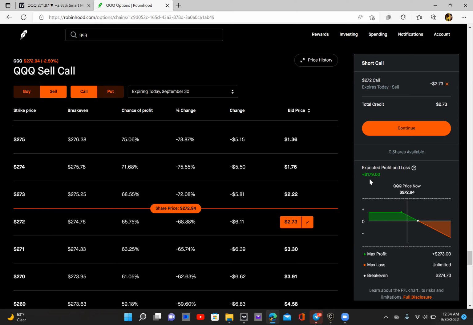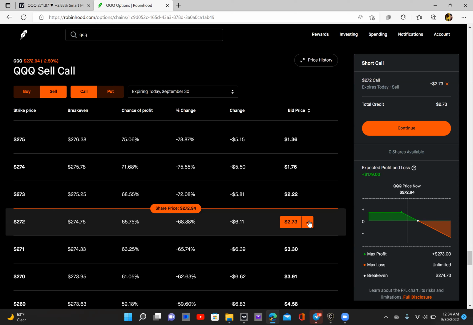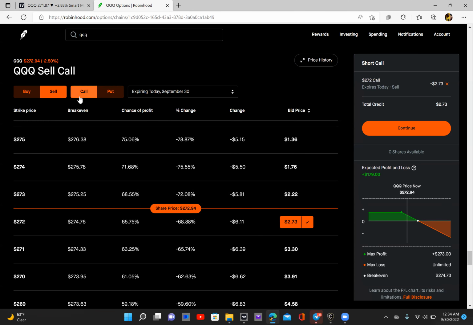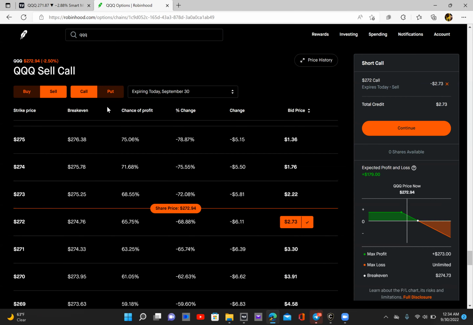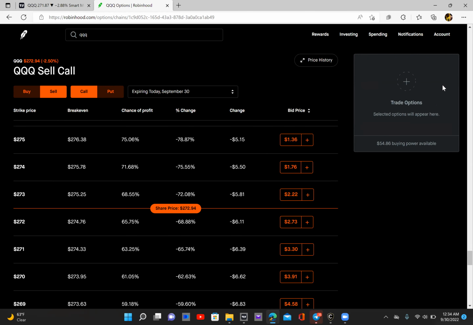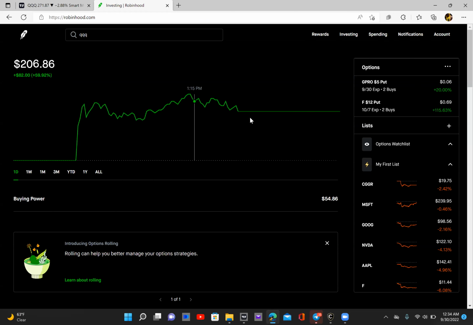That's my expected profit, $179 on a sell call on triple Q. I mean, to me, it just don't make sense. Maybe to some people it do, but especially with me being a fairly new options trader, it just don't make sense. And I'm gonna tell you that this works.